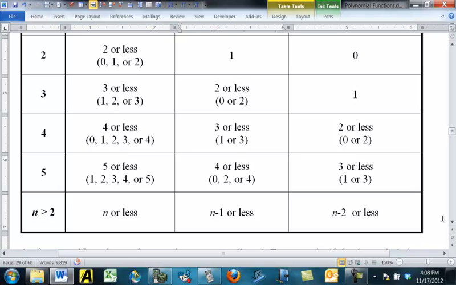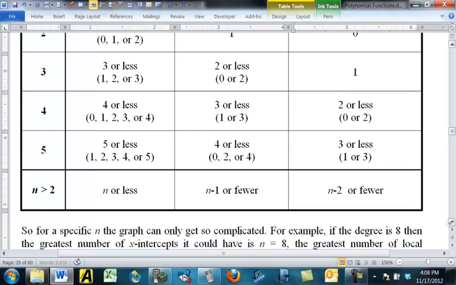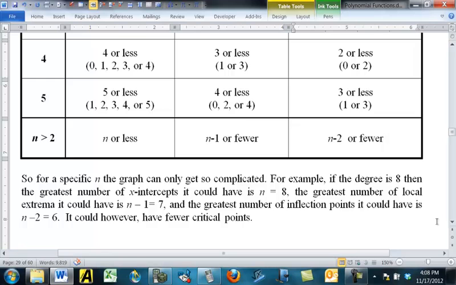There are n minus 1 or fewer extrema, and n minus 2 or fewer inflection points. Should use the word fewer when you're talking about a discrete situation, and less if you're talking about continuous situations. So if we specify an n, the graph can only get so complicated.